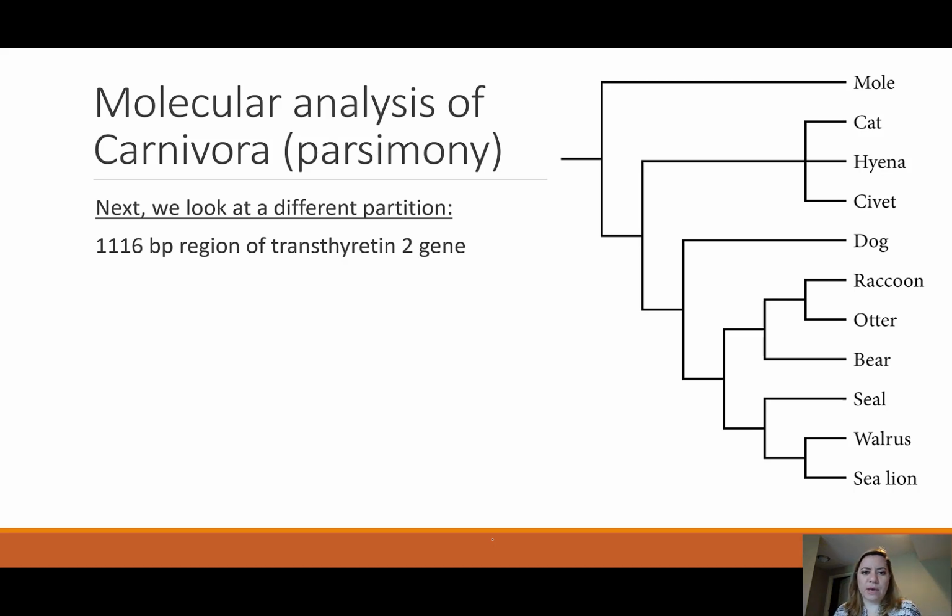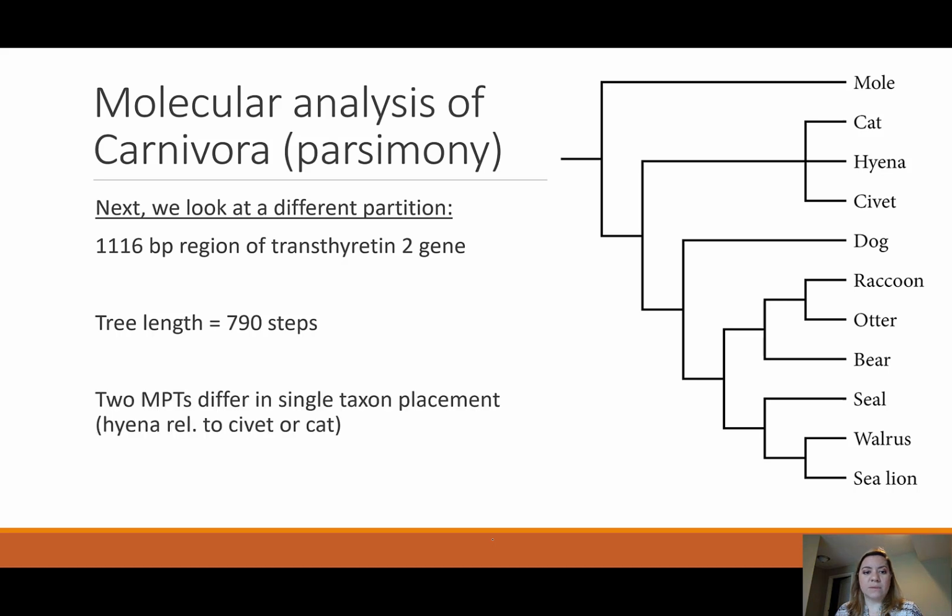Everybody should now know what that means. All right, so one gene that we've looked at. The tree length is 790 steps, and it turns out that the length of the morphological phylogenies is also 790 steps. So these are pretty good trees. They have the same number of steps.